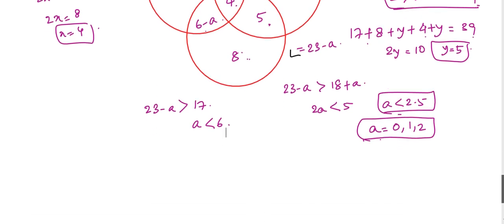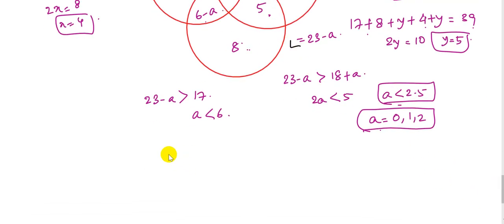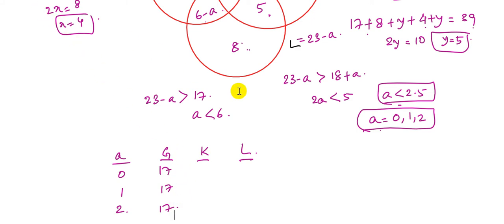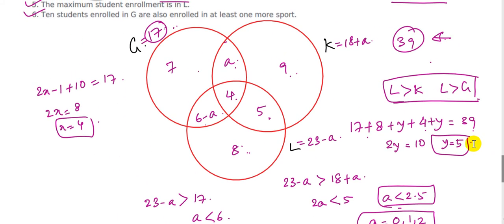So before I go to the questions, since a is my only variable, let me make a small table. So a can take only three values, 0, 1 and 2. So based on that, let me find out the values of g, k and L. Now g is constant, it has to be 17 in all three cases. Now what about k? K is 18 plus a.